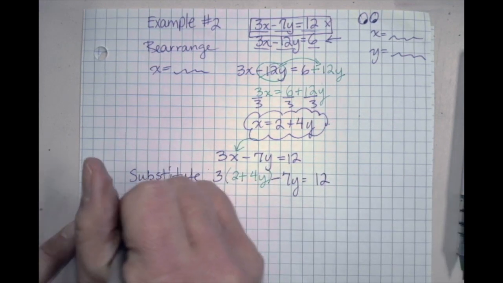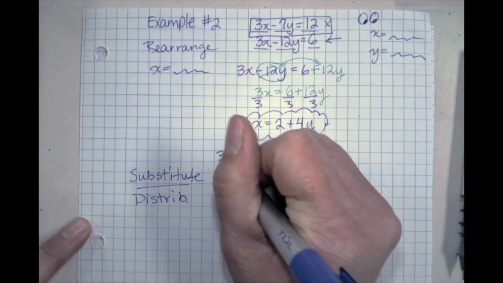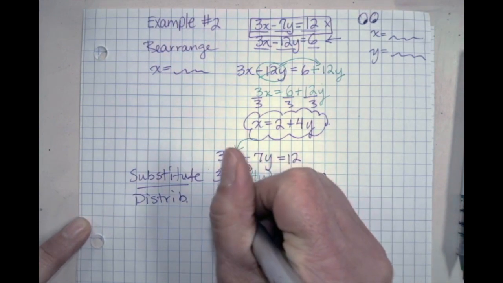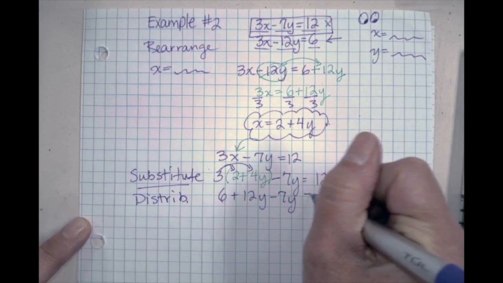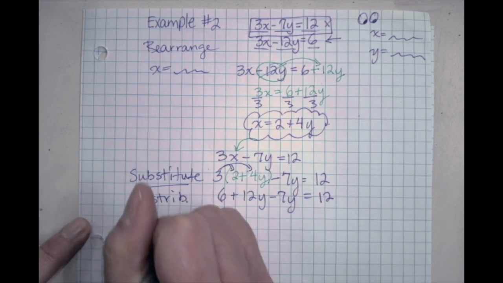The next thing you're going to do is distribute. So let's go ahead and distribute. 3 times 2 is 6, and then 3 times 4 is 12, minus 7y equals 12. Make sure that you don't forget your y's. This is 3 times 4, but don't forget the y. So now we're going to add like terms.